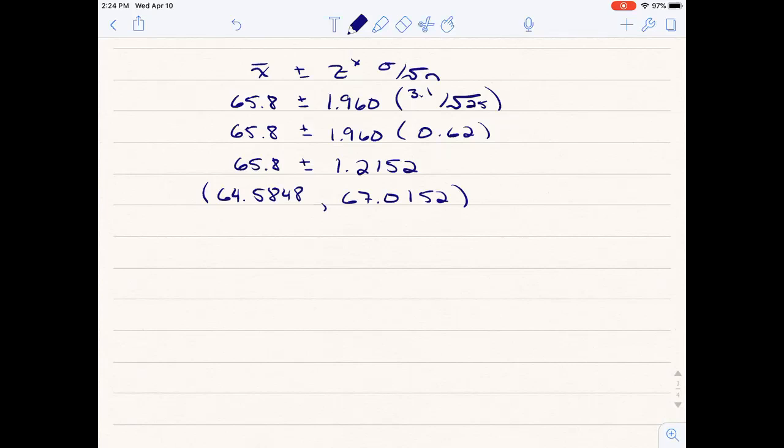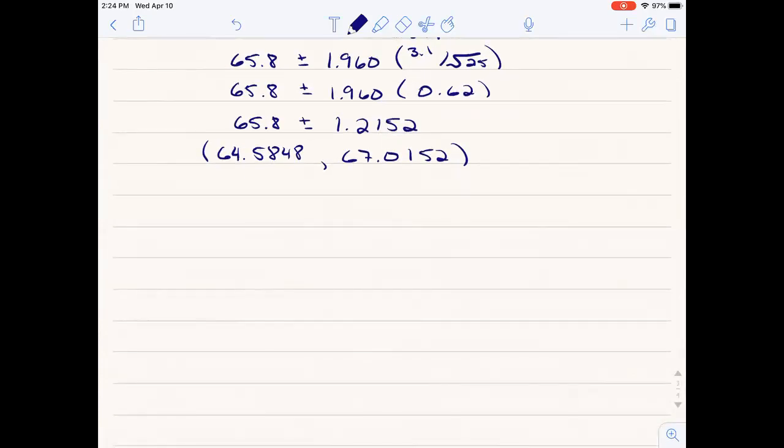Doing the calculations is only half the work, and so only half the marks, because now you have to interpret this interval. Now that we've built so many confidence intervals, the interpretation is always the same. We are some percentage confident that this interval captures whatever I asked you to make an interval of. Okay.